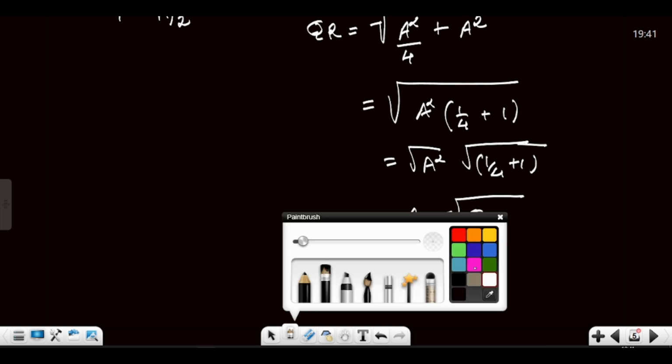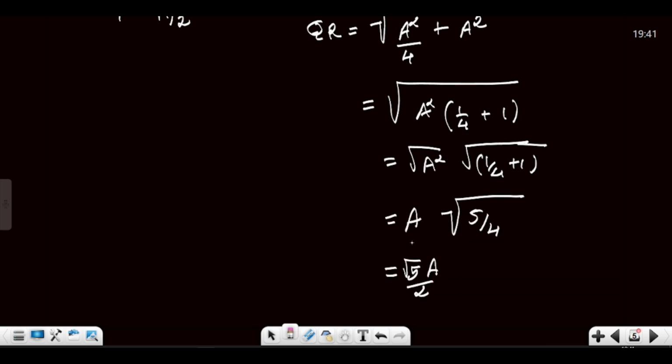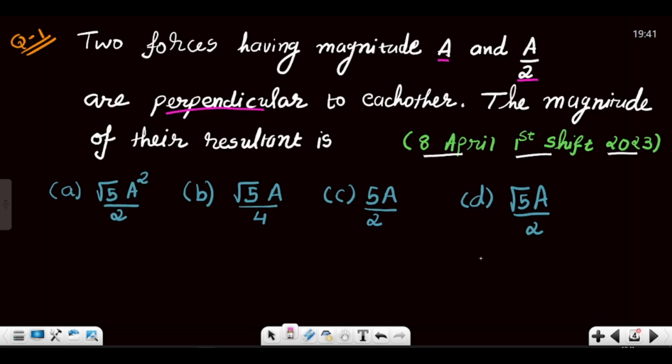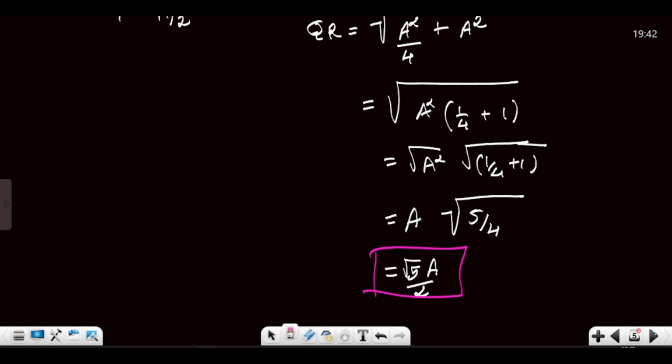So our answer is root 5 A by 2. Which option is correct? Root 5A by 2, option D is correct. Okay, this was a much easier question. Let us see the next question.